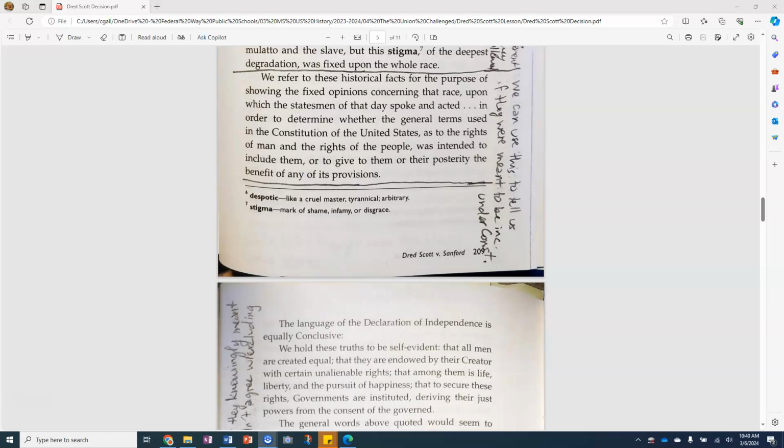Right? We can use these historical facts to tell us whether or not black people were meant to be included under the Constitution. And not just black people at the time of the Constitution, but really their children and grandchildren. That's what that word posterity means.